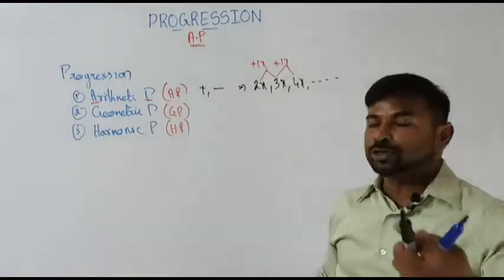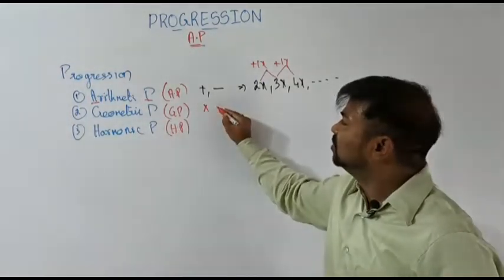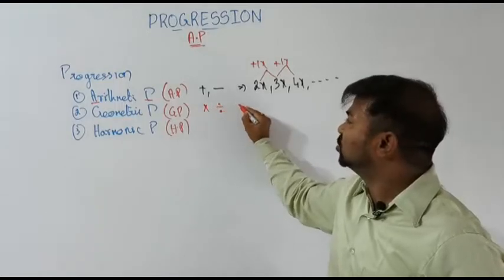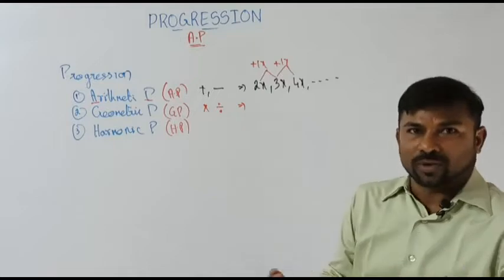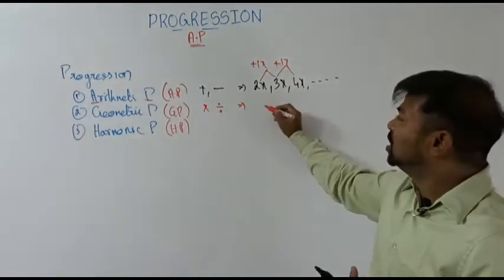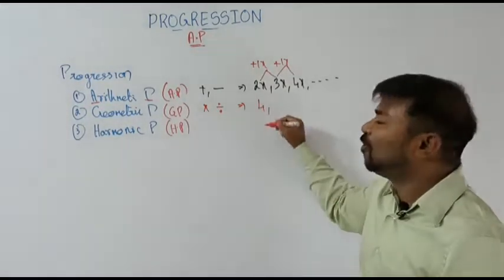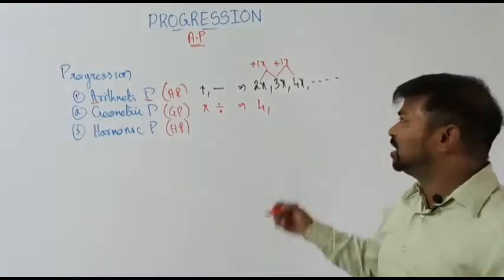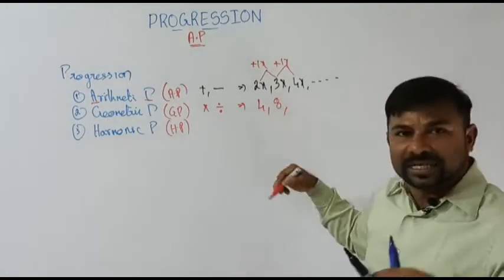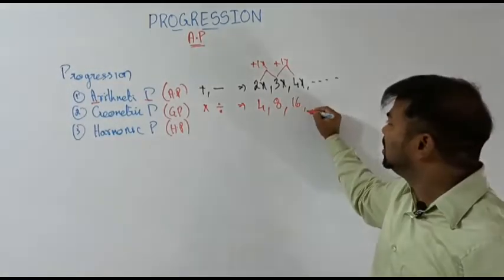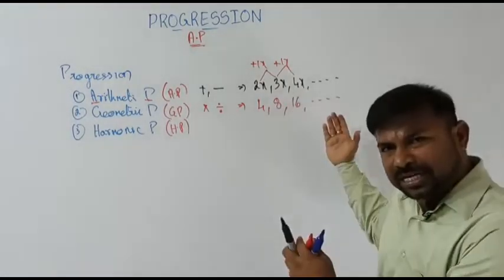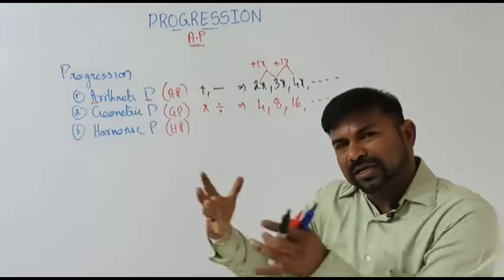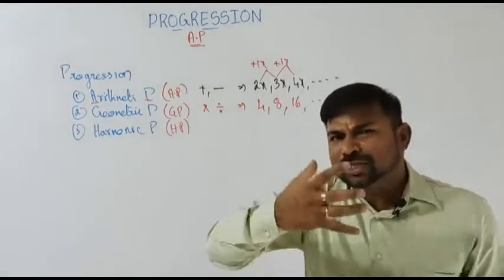Now, if you discuss geometry, we are dealing with multiplication and division. That's what we are going to discuss in geometry. Let me give an example for you. Take 4. The next term I am taking as 8. The next term I am taking as 16 and so on. Is it increasing? Yes. Is the quantity progressing? Yes. But in which relation?